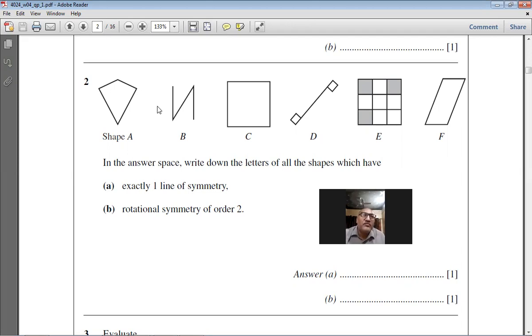So when you rotate this shape around 360 degrees, it will fit on itself 2 times, and this shape will fit on itself 2 times, and this shape will also fit 2 times on itself. So B, D, and F.